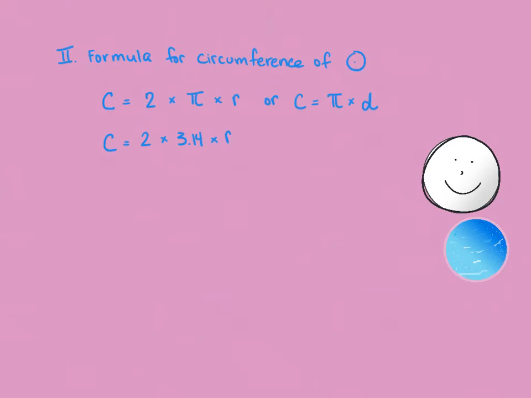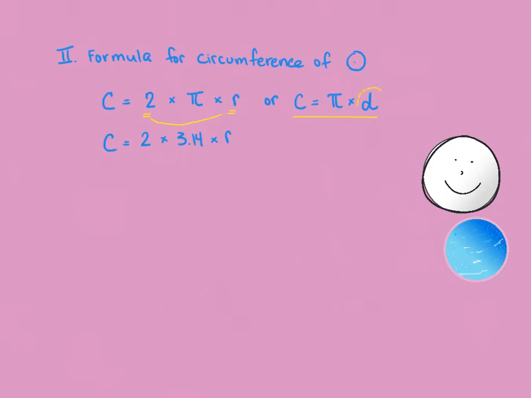Okay, so if you pause the video and you thought about it, here's why this formula works along with the first formula. The first formula has a 2 times an r. What happens if you have 2 radii?